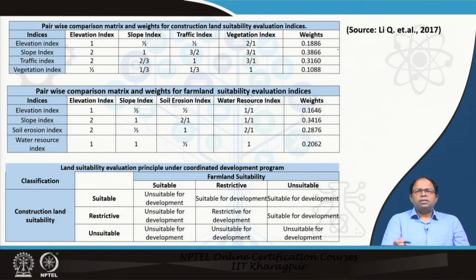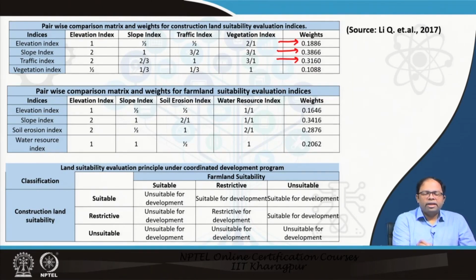I am not getting into discussion of those methods, but eventually we want to arrive at a list of weights for each of these factors, so we know the final contribution of each factor, and the score is done in the same way. Here you can see the pairwise comparison matrix and weights for construction land suitability, and similarly we have values for farmland suitability.